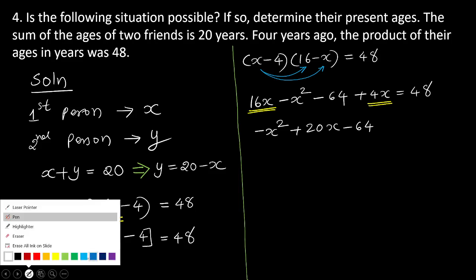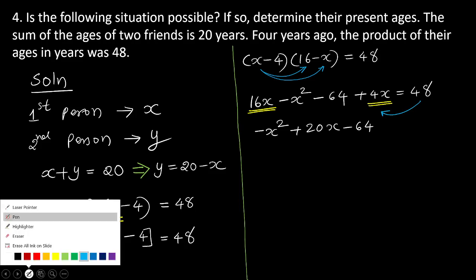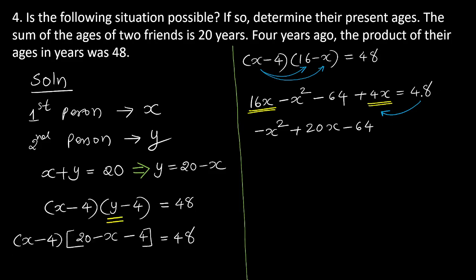On the right side there is 48. Let me bring 48 to the left hand side. My 48 is brought to the left hand side, becomes minus 48. So the right side becomes 0. Okay, I hope you have understood. Ayush, you listen carefully.